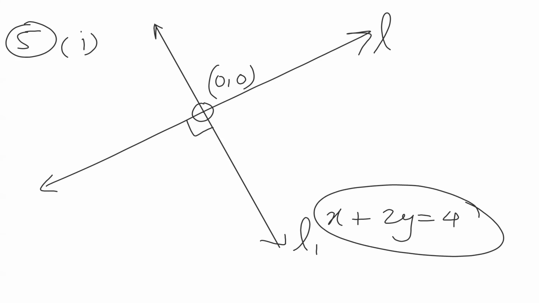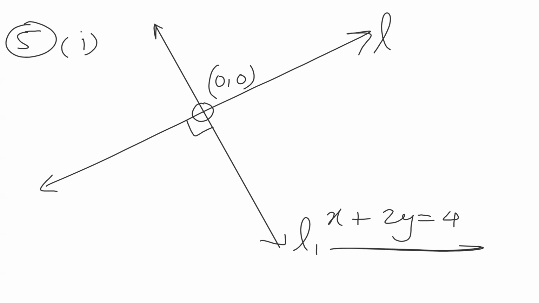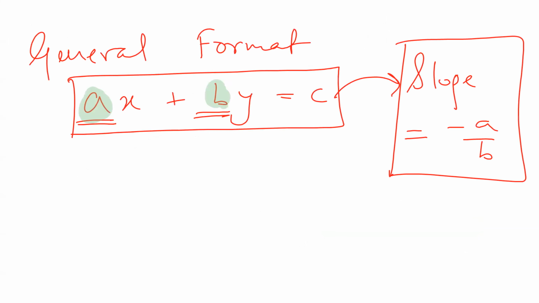So we have to calculate the slope of this particular line. Now don't always convert everything into y equals mx plus c. We have a different method over here of calculating the slope if the format is this. Now this particular format can be compared with the general format of a line. Look at this general format: ax plus by is equal to c.